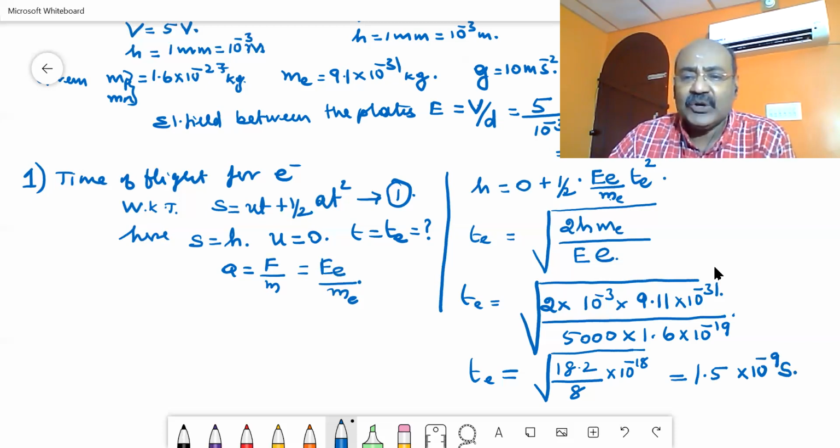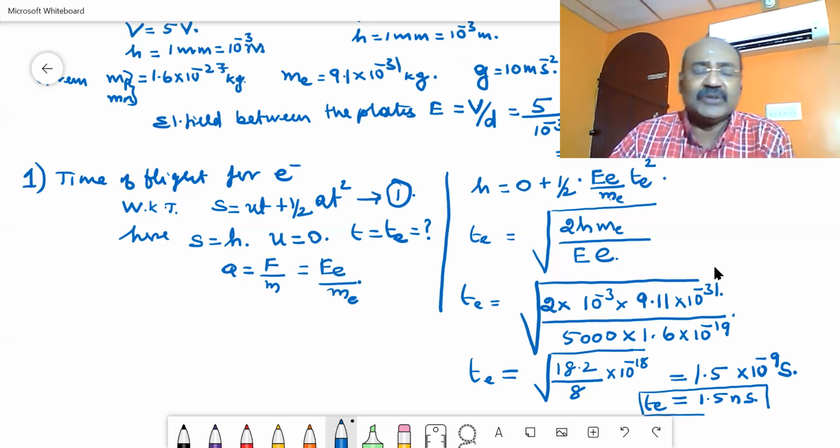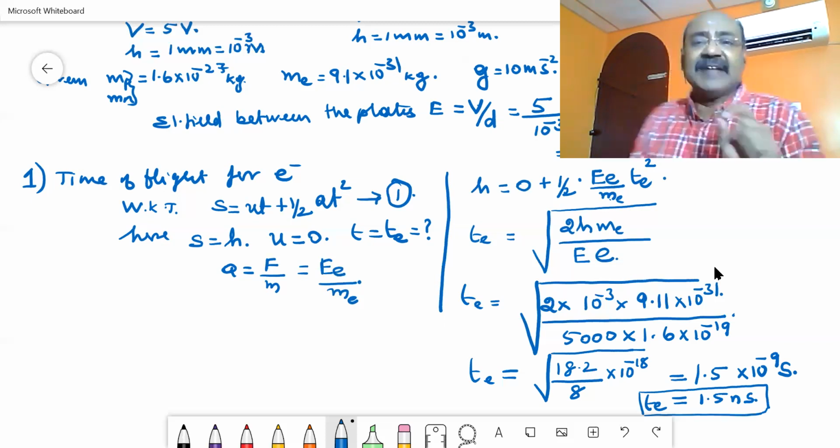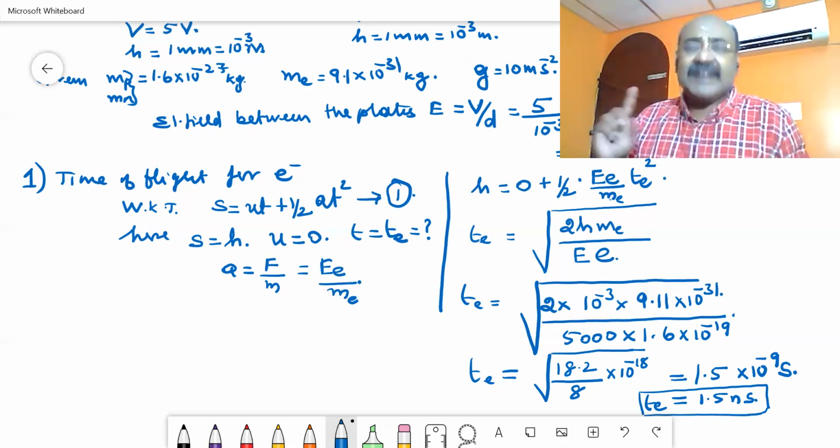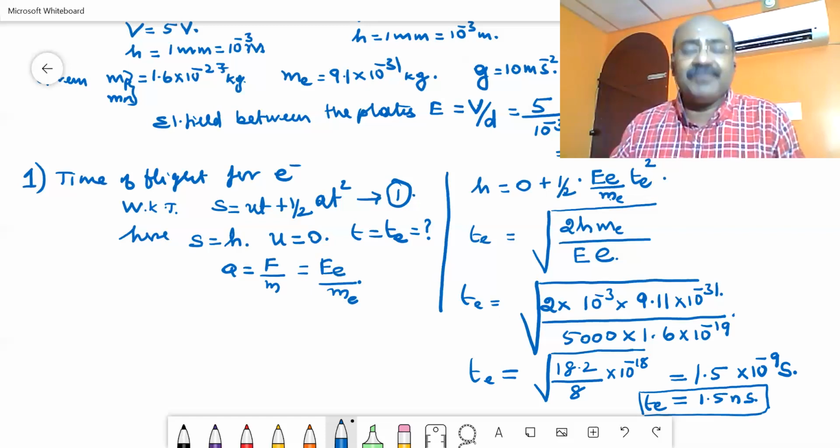This can be written as 1.5 nanoseconds as the time of flight for the electron to travel from the upper plate to the lower plate. So this is the first concept that we have calculated, the time of flight for the electron.